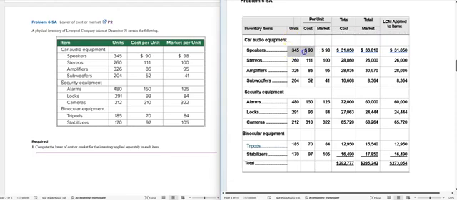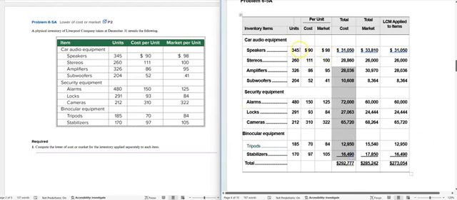So we have 345 speakers at a cost of $90. The total cost of our speakers inventory, $31,050. 260 stereos at a cost of $111. Total cost, $28,860. So all we've done here is multiplied the units times the cost to get the total cost for each inventory item.